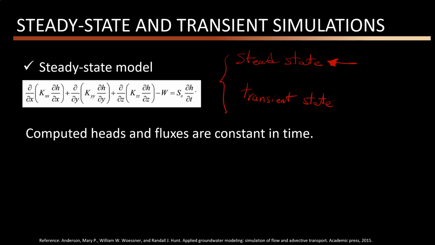But you know that in the steady state mathematically the right hand side is 0, because mathematically the head does not change with time. So the right hand side is 0, and it is easier to solve this problem compared to the transient situation where the right hand side is not 0.